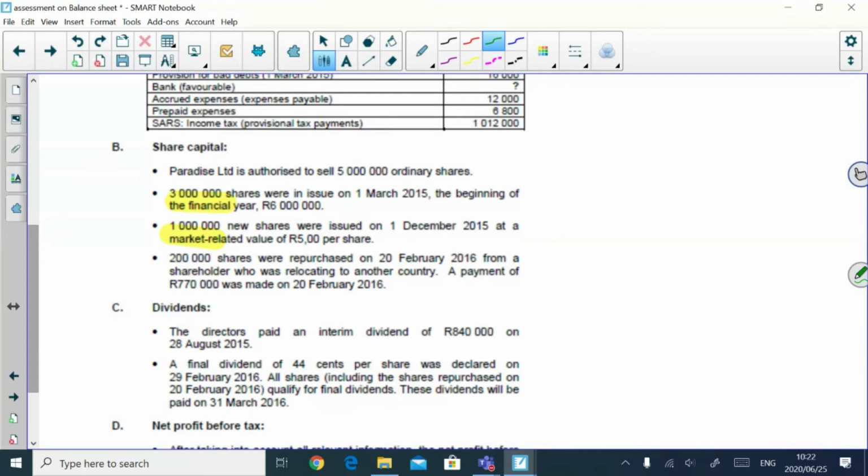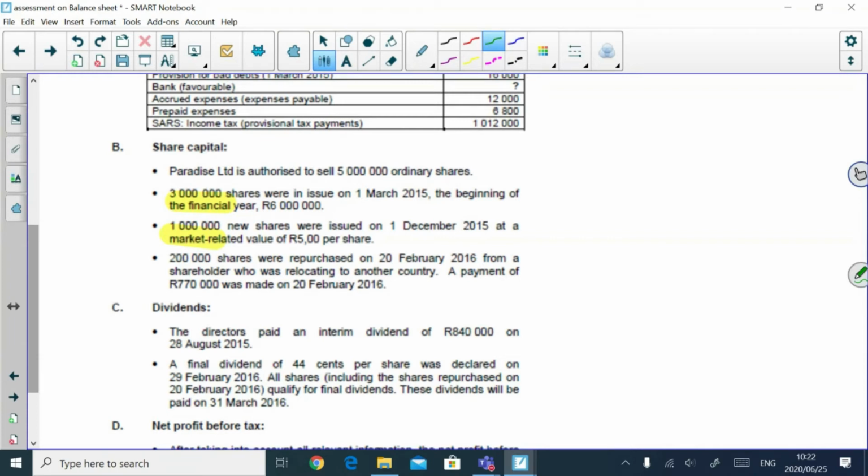Then same thing here. 1 million shares were sold, and on the 15th of December our share capital equity also increases by 5 million because of the sale at the market price.